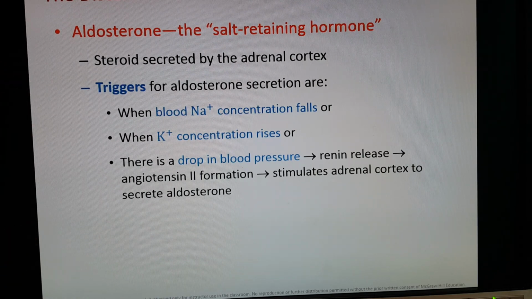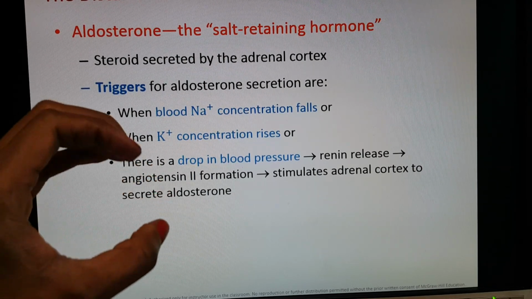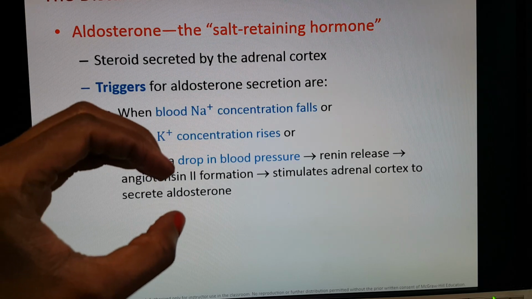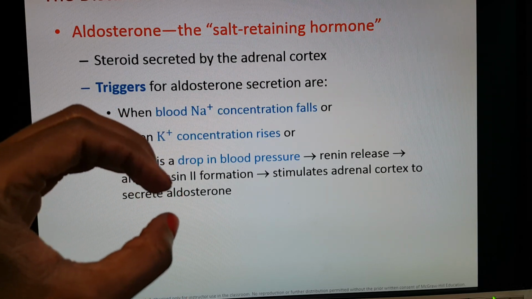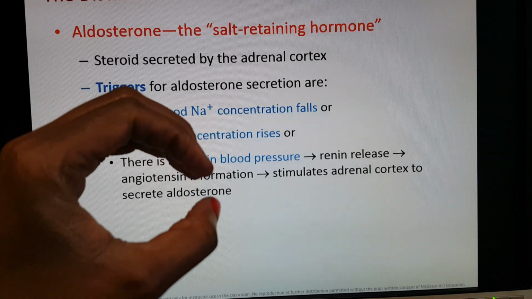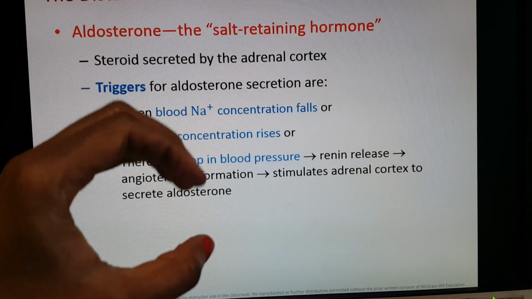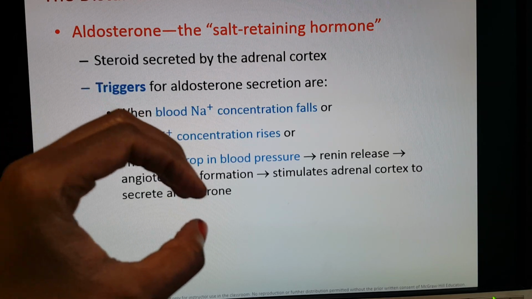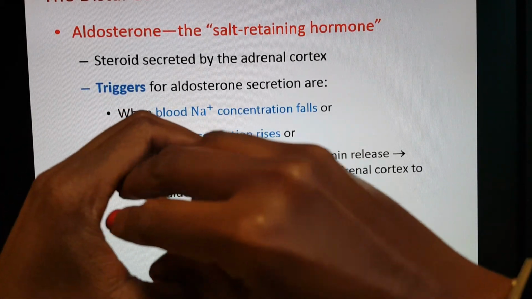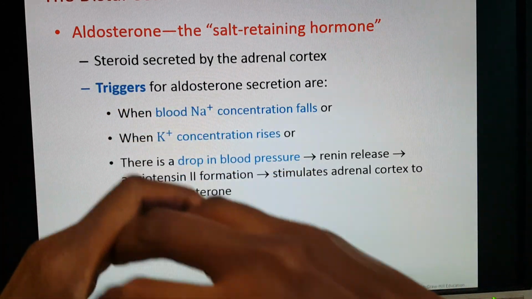So retain the salt in your blood, therefore increasing the blood pressure, not only because you have more salt in the blood, but also because you have increased the osmolarity of the blood, so now you have more water getting into your blood vessels, and therefore you're having more things inside the blood that helps to increase your blood pressure.